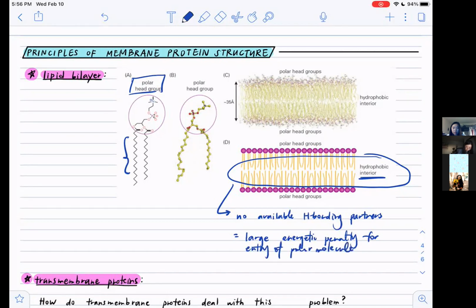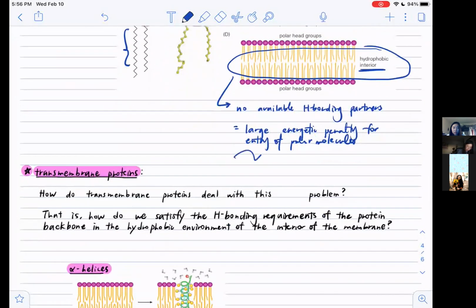And the reason for that is that they would lose hydrogen bonds with water without compensatory hydrogen bonds forming. So net loss of hydrogen bonds. Okay, so how do transmembrane proteins deal with this problem? That is, how do we satisfy the hydrogen bonding requirements of the protein backbone in the hydrophobic environment of the interior of the membrane?